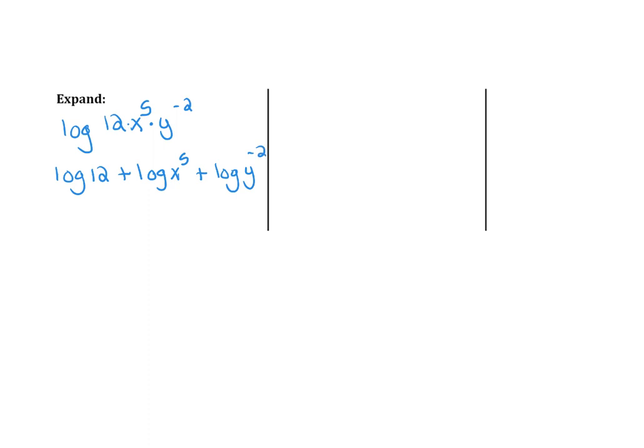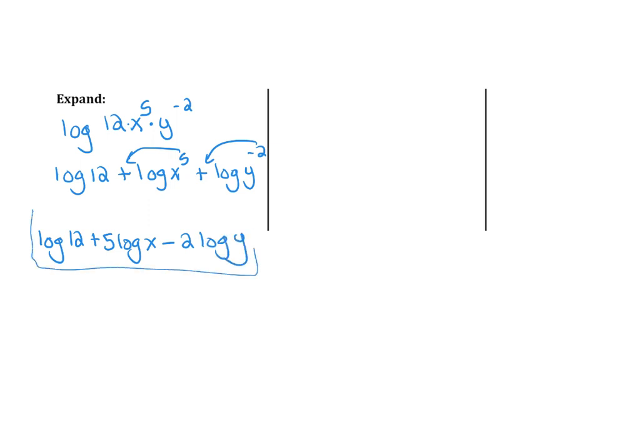Now I can also do the power property, bring these powers out in front. So log 12 plus 5 log x, and then this is going to turn into minus 2 log y. So that is the full expansion.